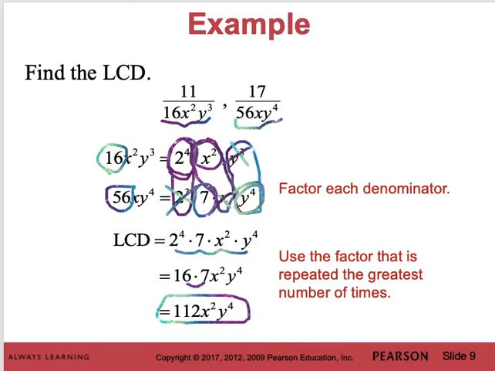Let's look back at this expression here. What was different here? In this expression, we had one more 2, so we'd have to multiply by 2. And in this expression, we had a 7 that didn't exist in the first one.